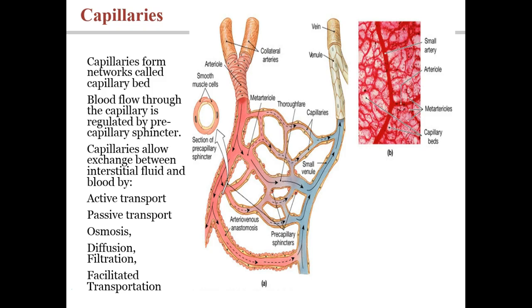Passive transport can be osmosis, so it can be solutes through that selectively permeable membrane, or water, basically evening out solutes, diffusion, filtration, and facilitated transport. So any of those processes can be the vehicle with which nutrients and substances get out of the blood into the tissue space, and also with which substances get out of the tissue space into blood.